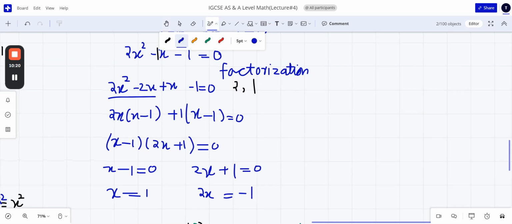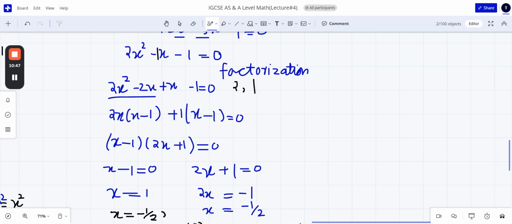Now here we will shift the coefficient to the other side of the equal, so it would be minus 1 over 2, because the coefficient always multiplies with the variable. So when we move it to the other side of the equal, it will divide. So hence we got the two values of x, equal to minus 1 over 2 and 1.